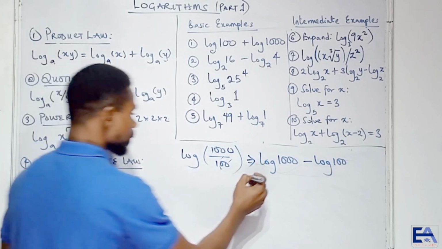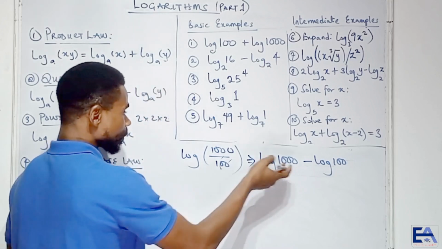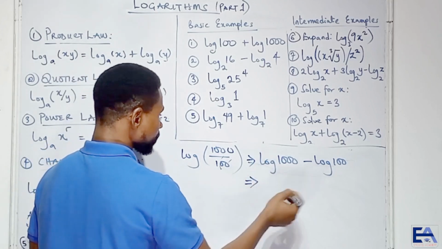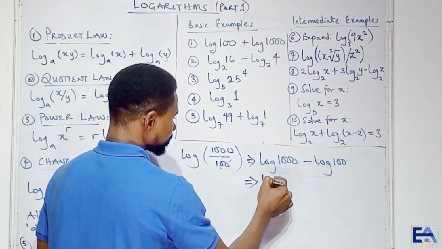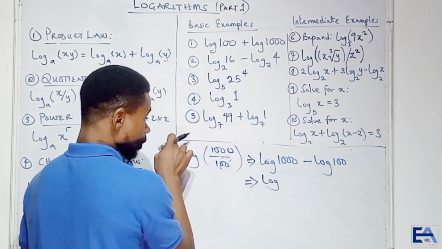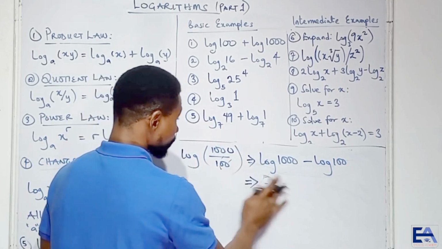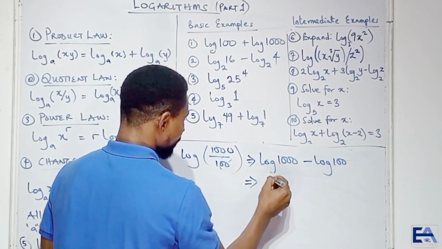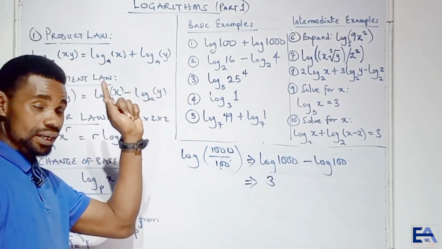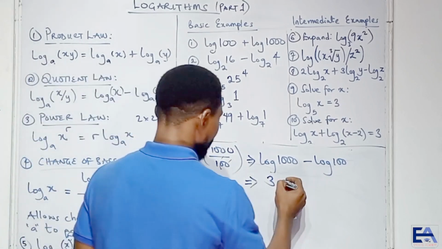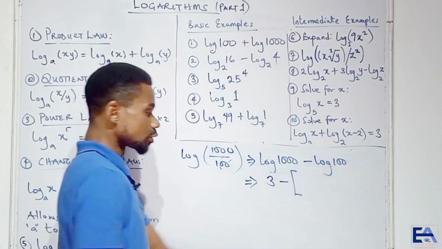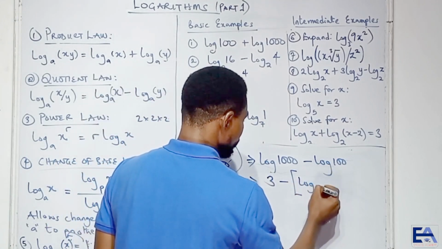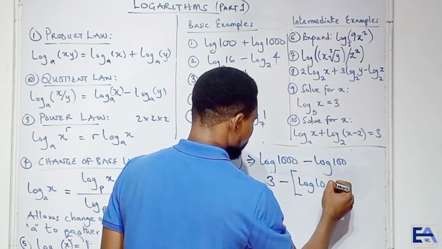So what's going to happen next here? The result of log 1000 earlier was 3. So let's just take it that way. The result of log 1000 earlier was 3 minus, we want to find the result of log 100. So log 100, we can break it down to log of 10 times 10.